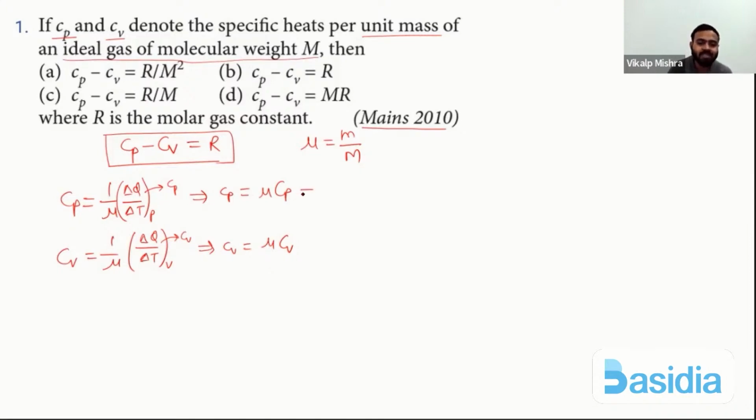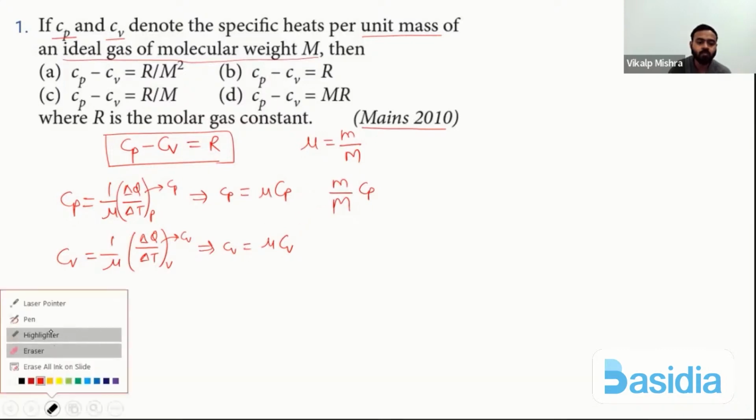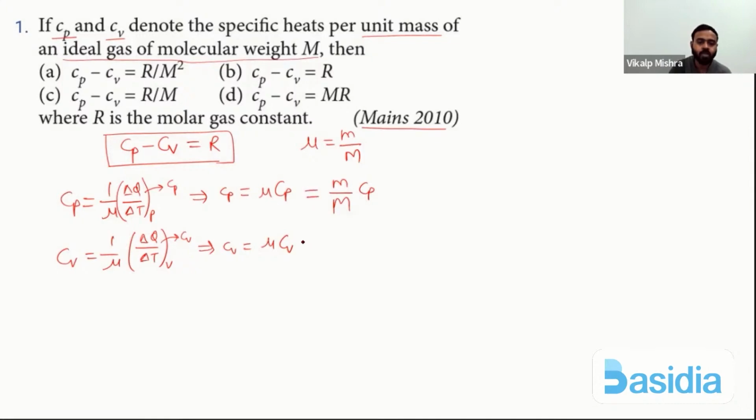So we can write this as small m divided by capital M, capital M meaning molar mass, into Cp. Here I have to put equal. And this we can write as mass upon molar mass into Cv.